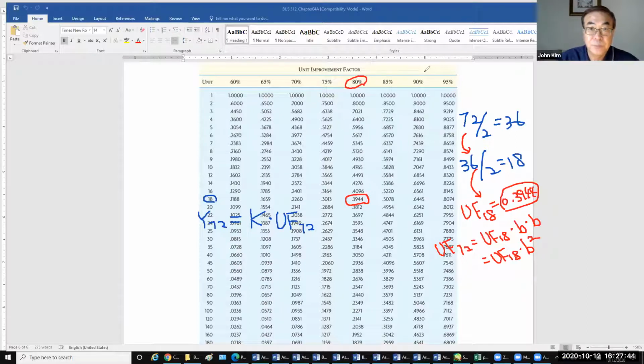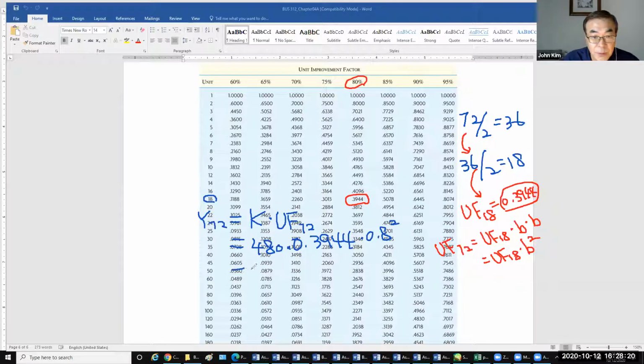So the answer will be K is 480 times unit factor 18, which is 0.3944, times B squared, 0.8 squared.